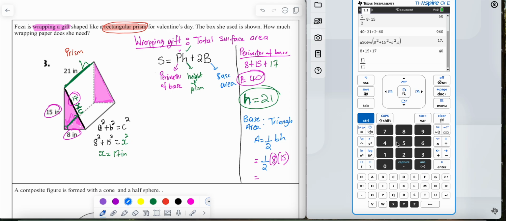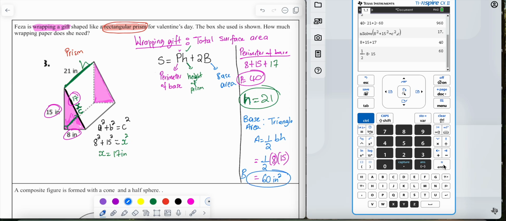Control divide, half, parentheses 8 close parentheses 15, enter. So the area of the base is going to be 60, and since it is area, you put inch square. And that would be the big B.